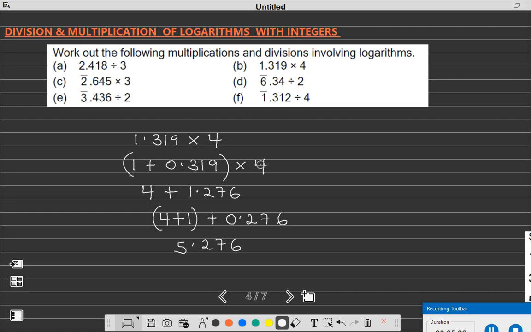We first multiply the 4 with this one here, we got a 4. We multiply the 4 with this mantissa, we got 1.276. Then, because the mantissa has produced another characteristic, we are going to add it to this one here, and we get a 5. So simple like that.